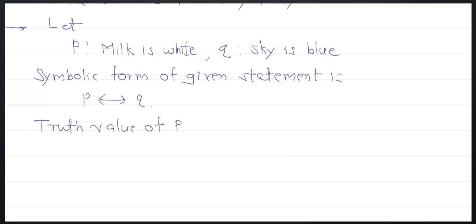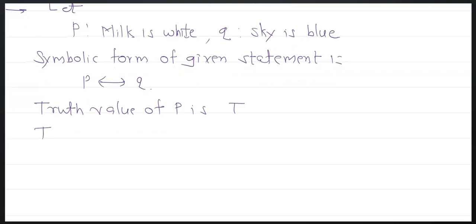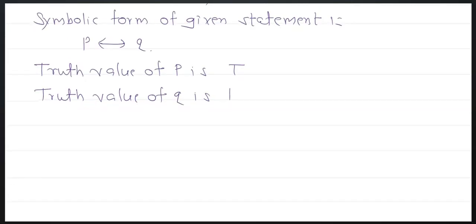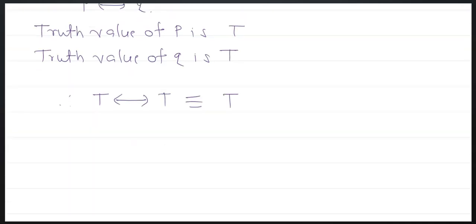Symbolic form of the given statement is P double implication Q. Now the truth value of P is T and the truth value of Q is T. Therefore, T double implication T is T.